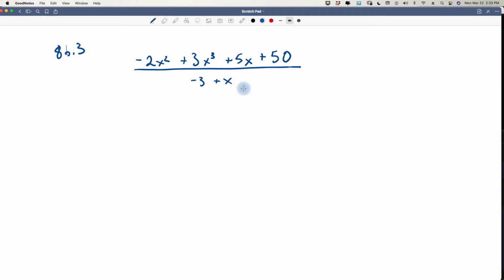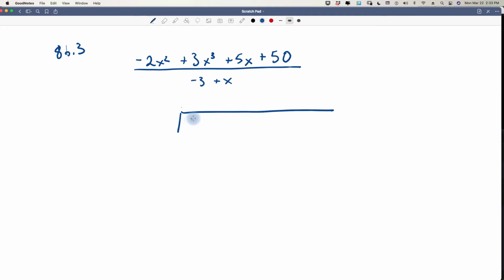So we can do this, but we need to reformat it just a little bit. So first of all, we need to put this in a long division. Not only do we need to put it in long division, but we need to put it in descending order of the variable.